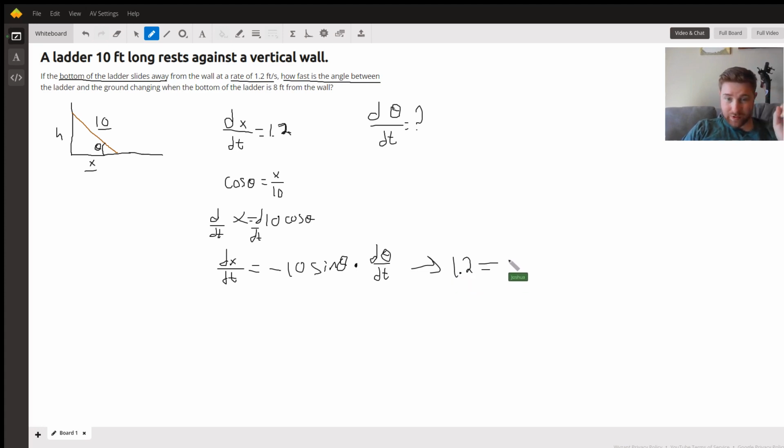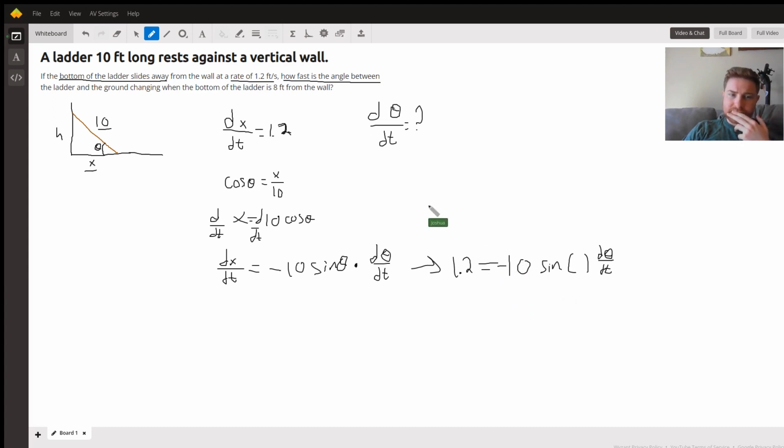And now we need an angle for theta. Negative 10 sine. We need something in there, and we're looking for d theta/dt, so we can leave that there. So we have to somehow figure out that angle right there.